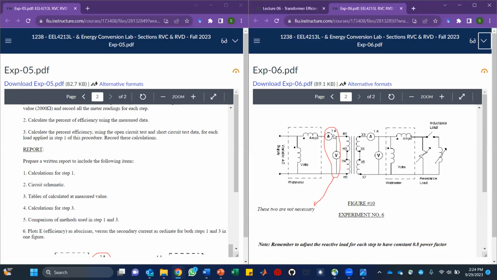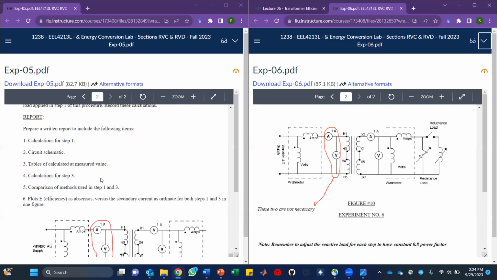So we're gonna draw two schematic diagrams, and there will be 4 tables. You need to include those tables, and calculation for each step on that table should also be there, and comparison between different tables, for example comparison between table 1 and 2, 3 and 4, and then comparison between R load and RL load.